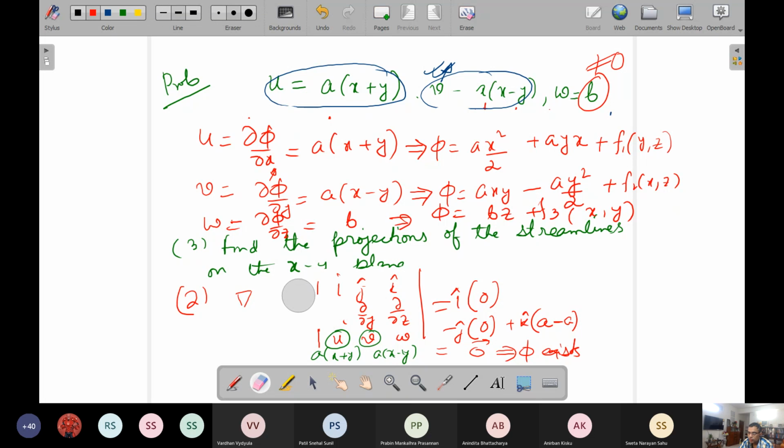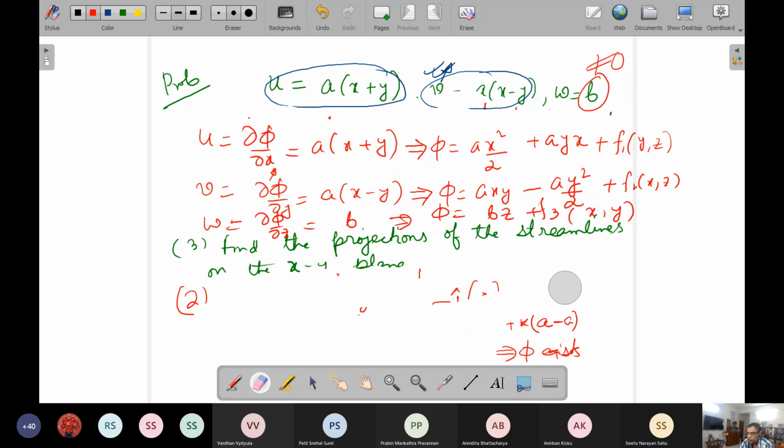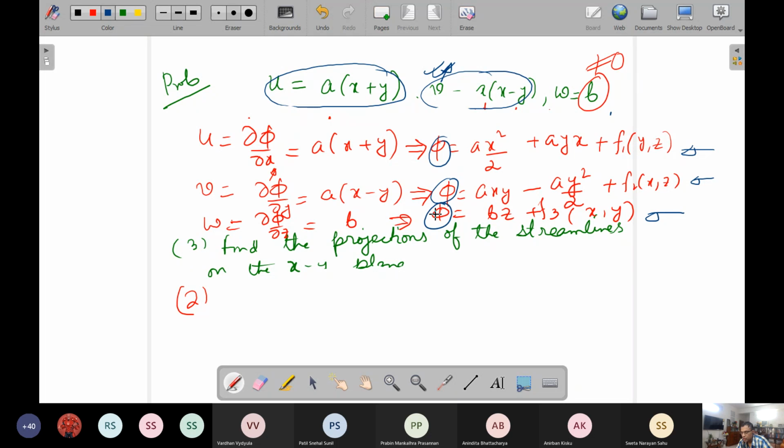So now, if you try to compare the three equations, and then they are representing the same phi, right? And therefore, if you compare the three, you will be able to figure out what are F1, F2 and F3 so that all the three expressions are identical.